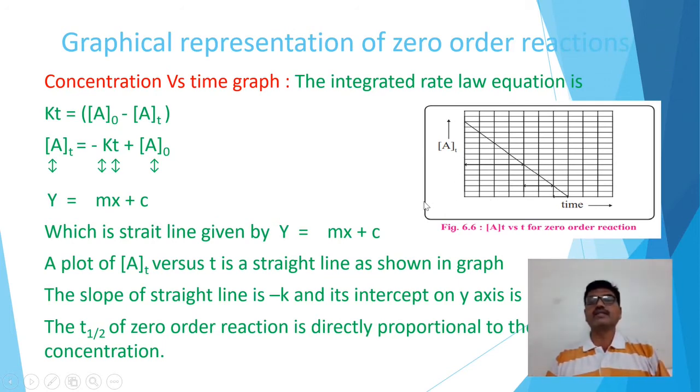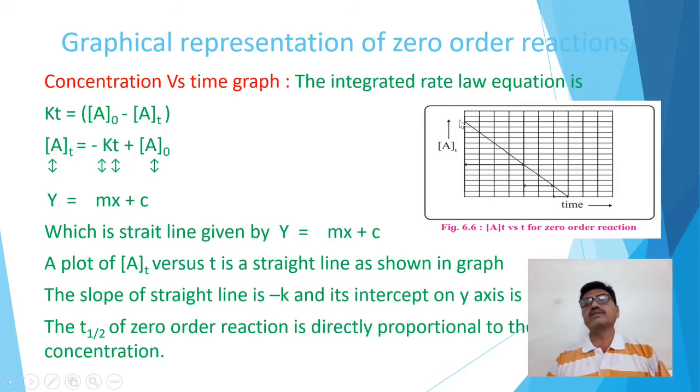When the concentration of A at a particular time t is plotted versus the time, we will get such a graph. It is a straight line given by y is equal to mx plus c. A plot of At versus t is a straight line as shown in the graph.